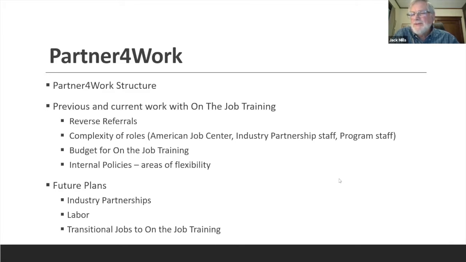And so we've been about that ever since Earl came, and I was lucky enough to come onto the staff to work with Earl. Having said that, Pennsylvania, which is our state, makes it very, very clear that workforce boards are not about providing any direct services.